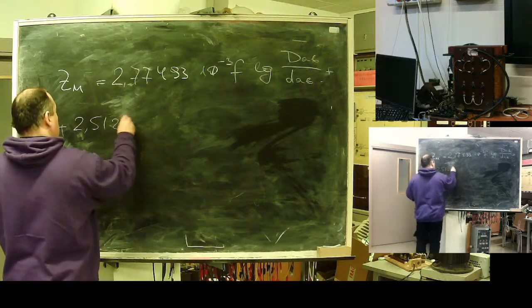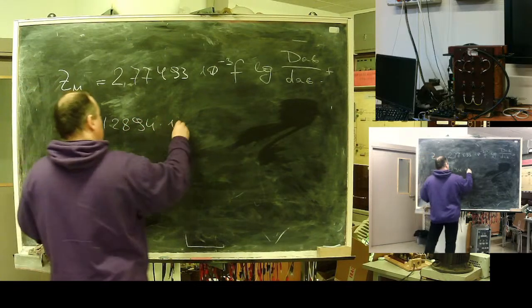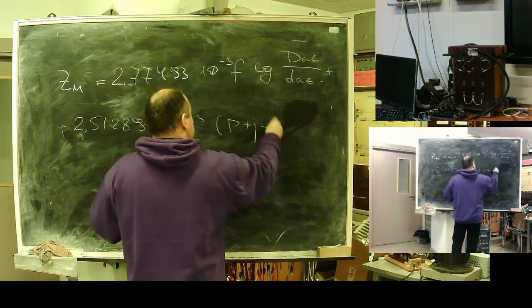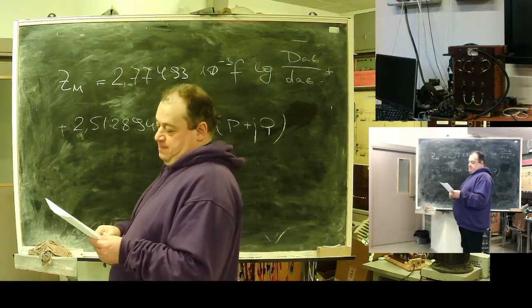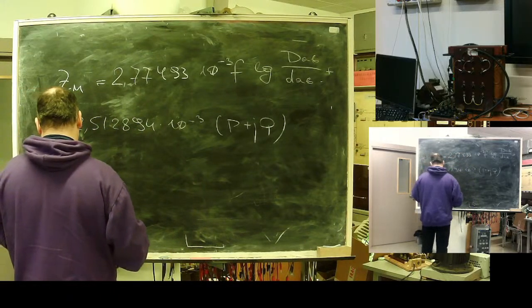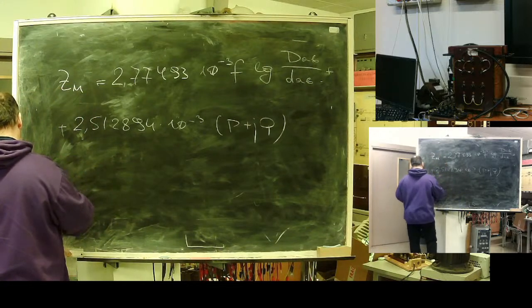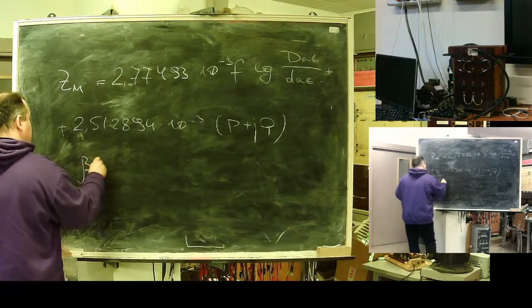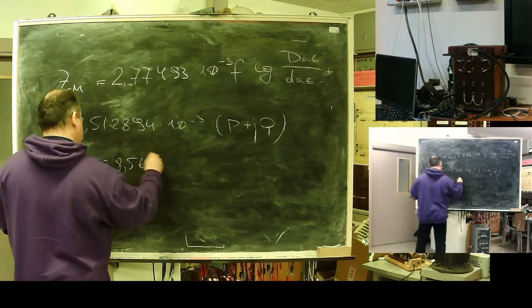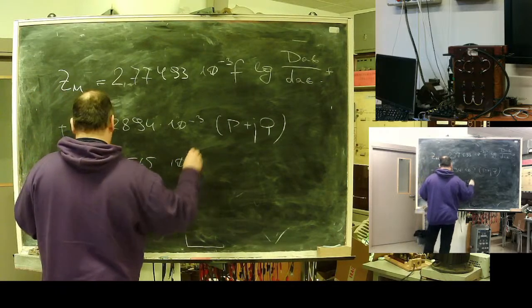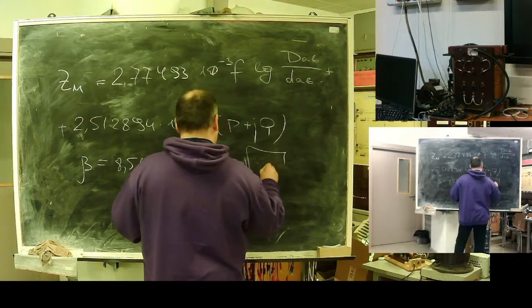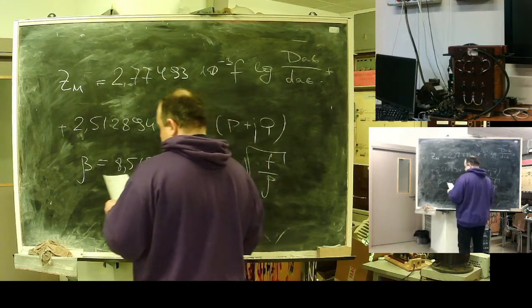So, what am I willing to write? 2.51 2894 multiplied by 10 to the minus 3 multiplied by frequency, losses. The parameter beta here will be 8.565 multiplied by 10 to the minus 4, DAB square root of frequency divided by equivalent resistance.